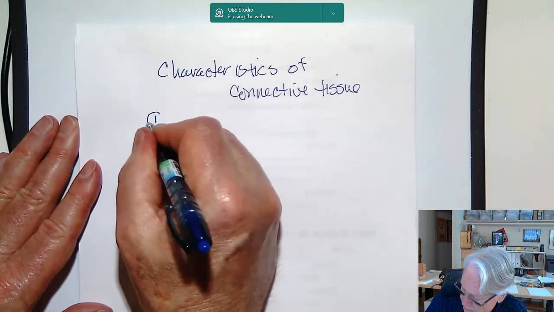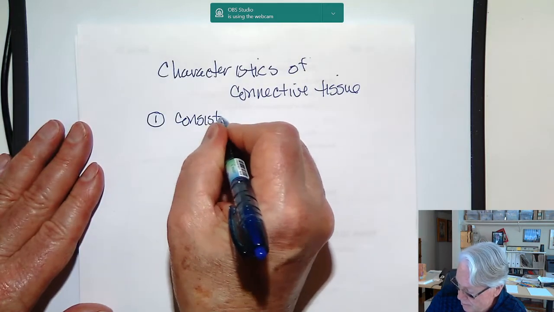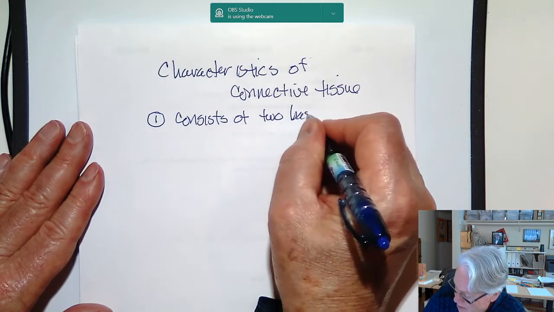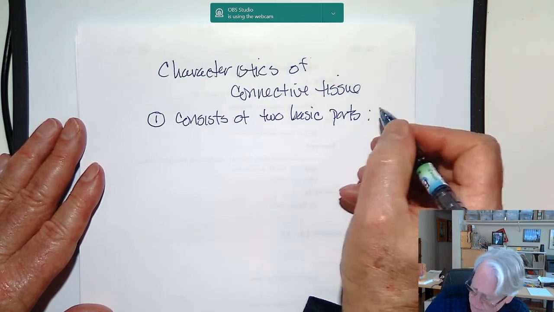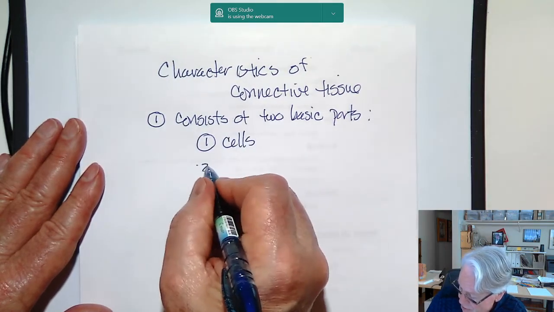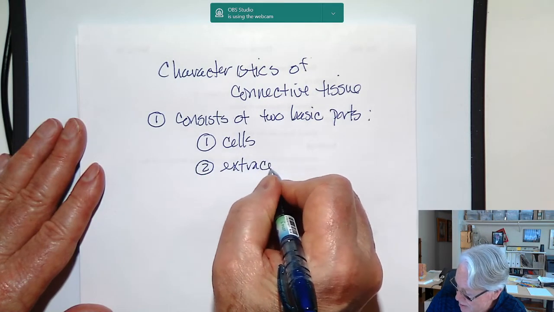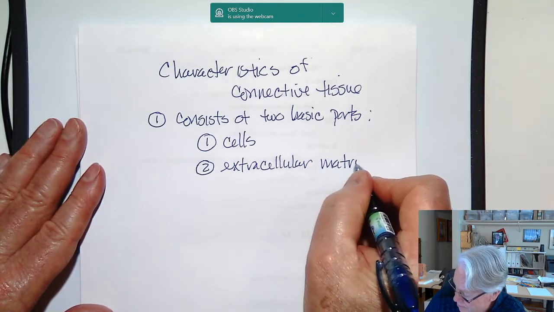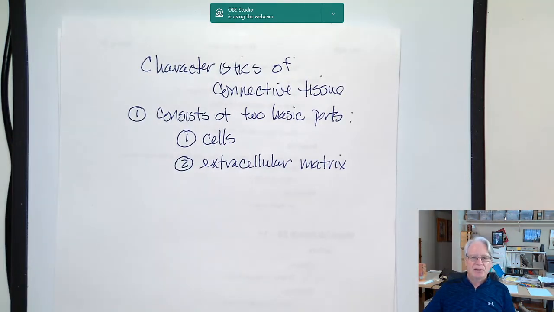Number 1, it consists of 2 basic parts or elements. Number 1, cells. And number 2, something that we call the extracellular matrix, often simplified to just matrix.